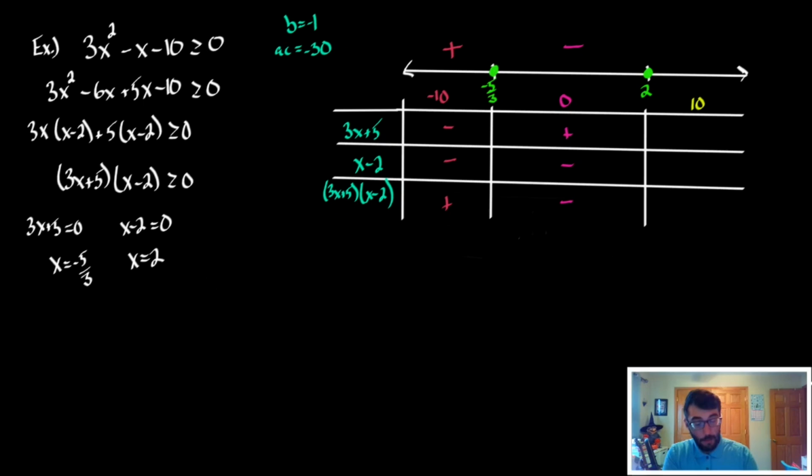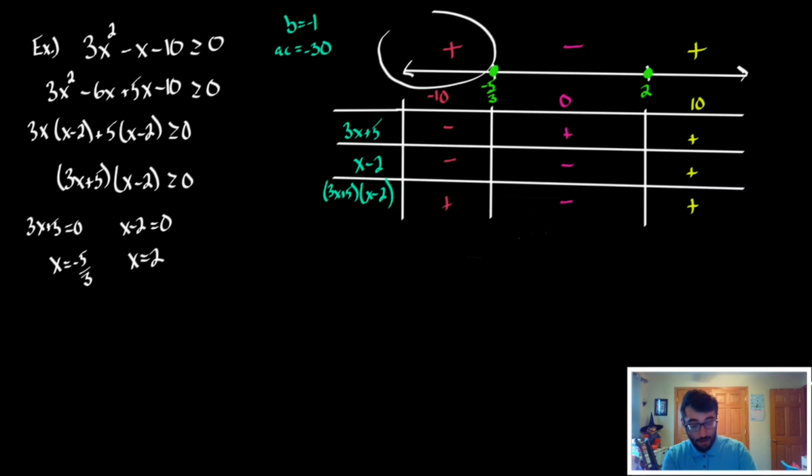Then if I test some number larger than 2, something like 10, 3x plus 5, if I plug in 10 for x, that would be positive. Same if I plugged in 10 for x in x minus 2. So when I have two positive factors multiplying, they give me a positive. So this interval here is positive. Now remember, we want it to be greater than or equal to 0. So that means we want a positive number. Well, that happens in two specific intervals.